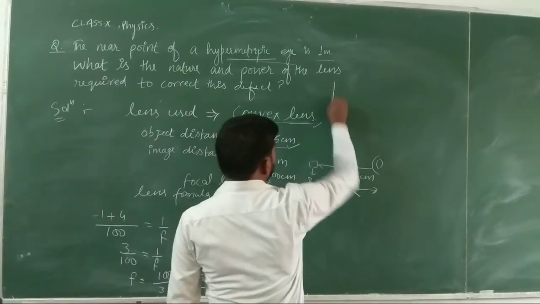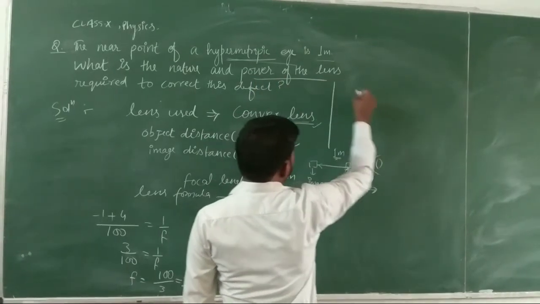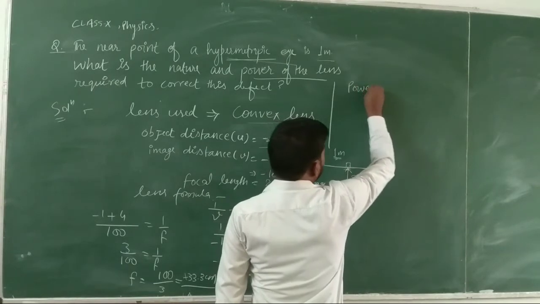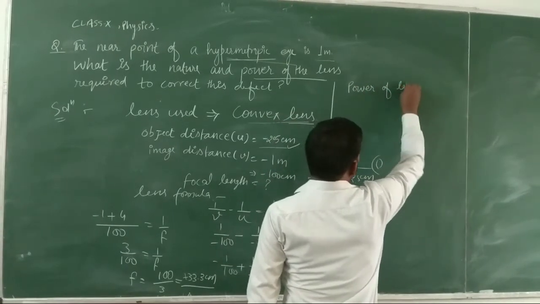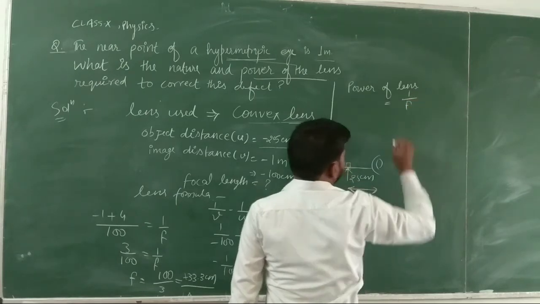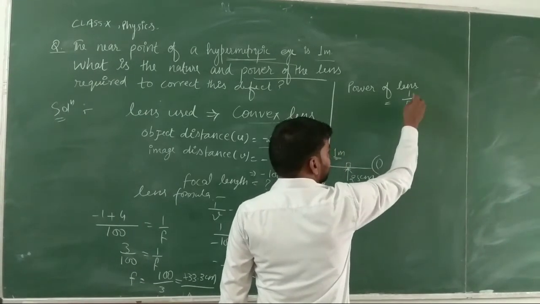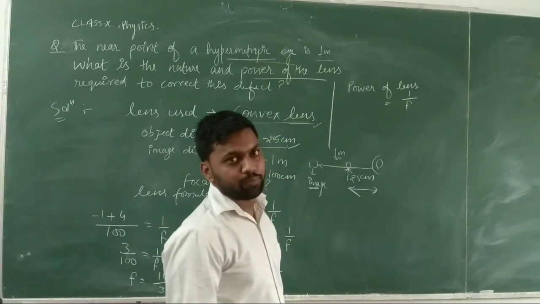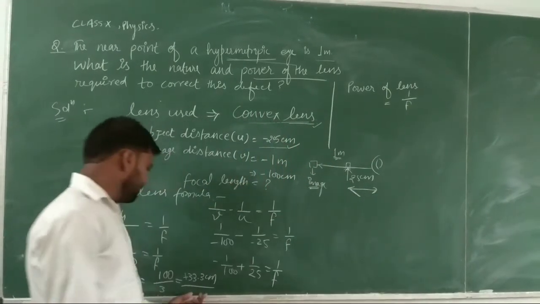So now we will also calculate the power of the lens. Students, we know the formula of power of lens. It is equal to 1 upon focal length, but in this case we take the focal length in meter. Okay, when we write the 1 upon f, here it is given in centimeter.